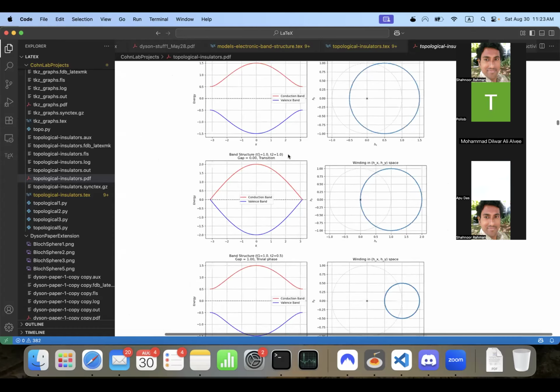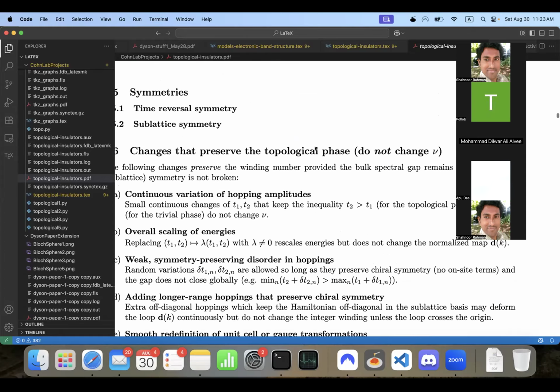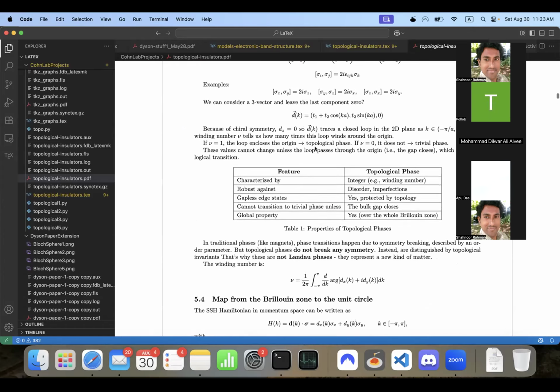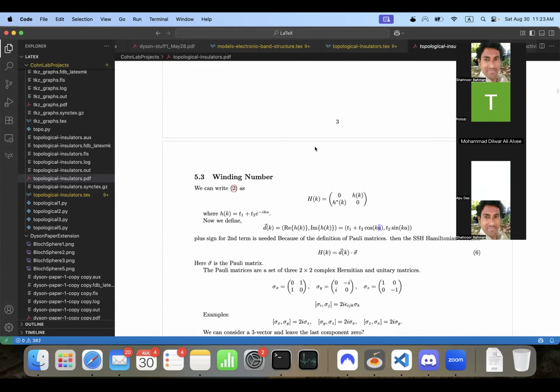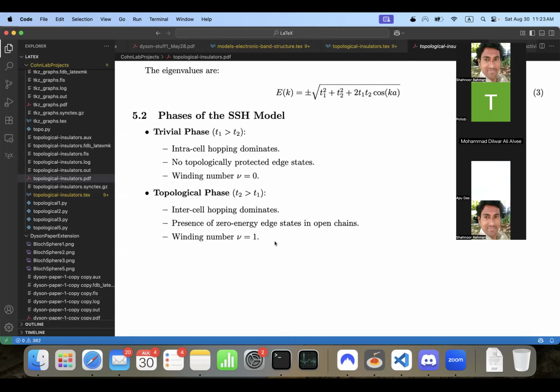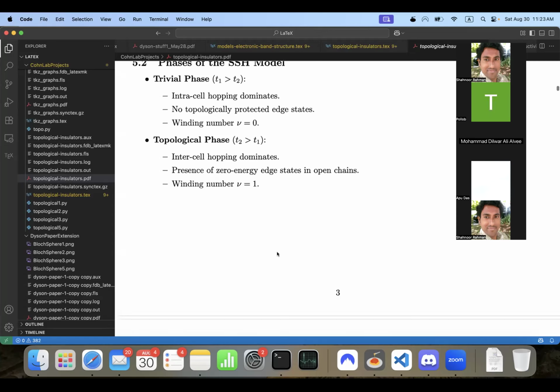Okay. So that's kind of what's going on underneath. And in the topological phase, some properties remain invariant. In the topological phase, the winding number nu is 1. What is the winding number?